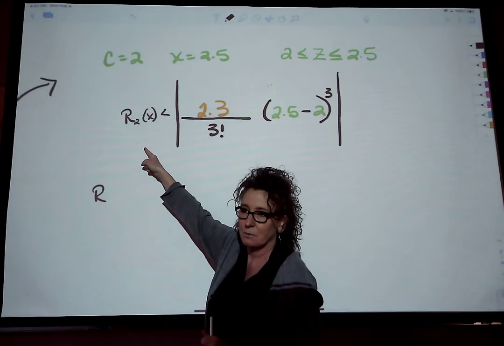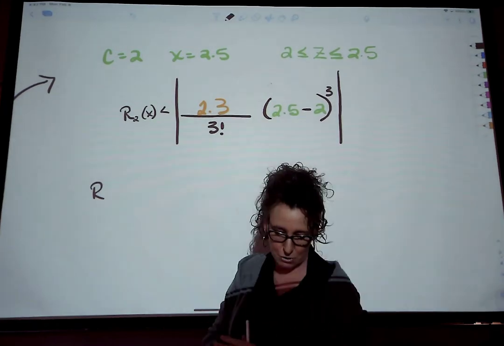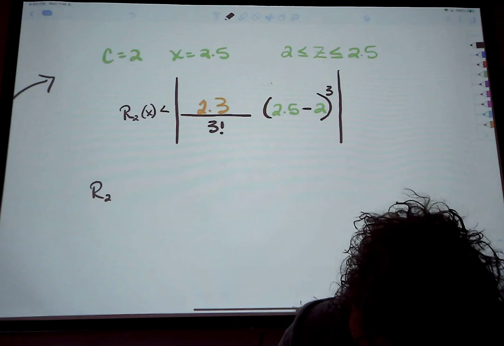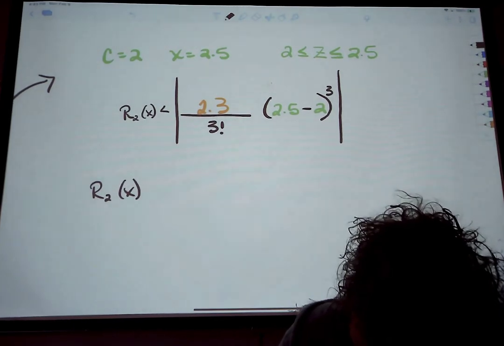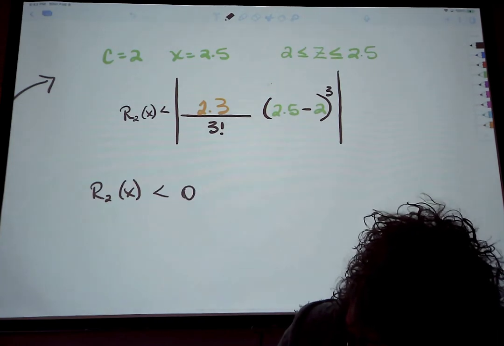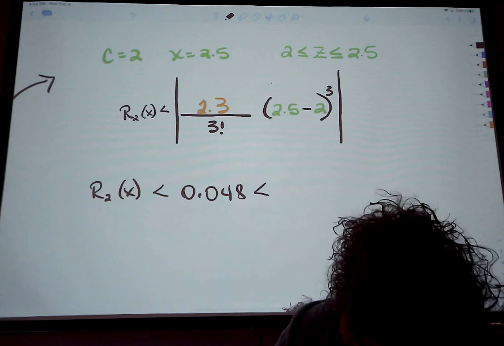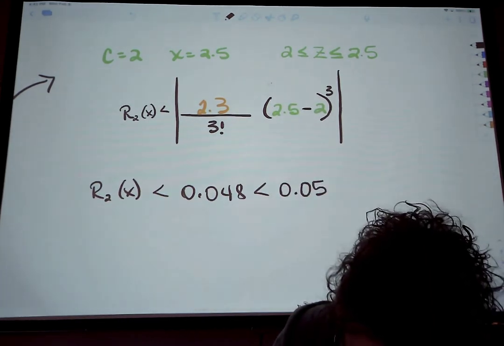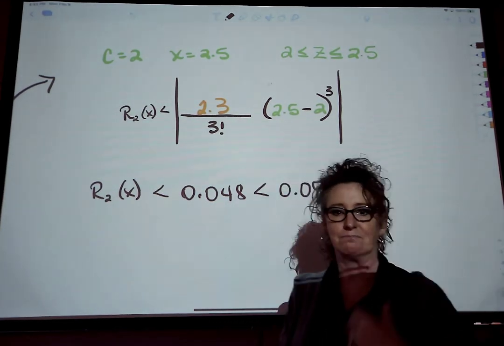That's a 2. It's a remainder from my second order. The rest of them were 3s. So R2 I got is less than 0.048, which happens to be less than 0.05. There we go.